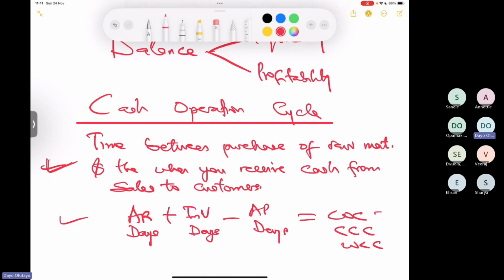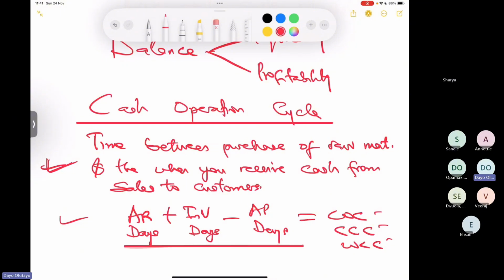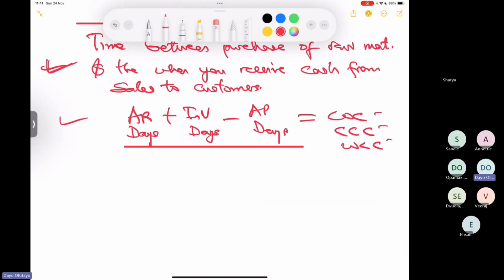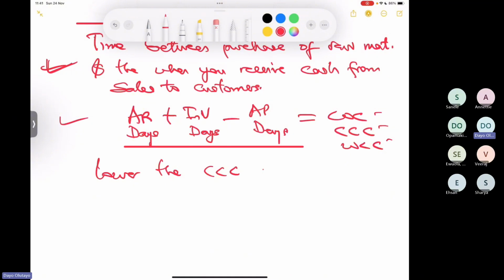So if they ask you in any way, it's the same thing they're talking about. So the lower, the better, because you want to have cash as quickly as possible. So the lower the cash conversion cycle, the better for you. You want to minimize your cash conversion cycle as a company. That is your objective.